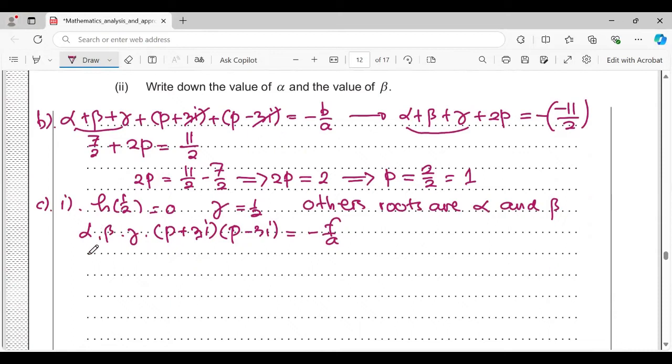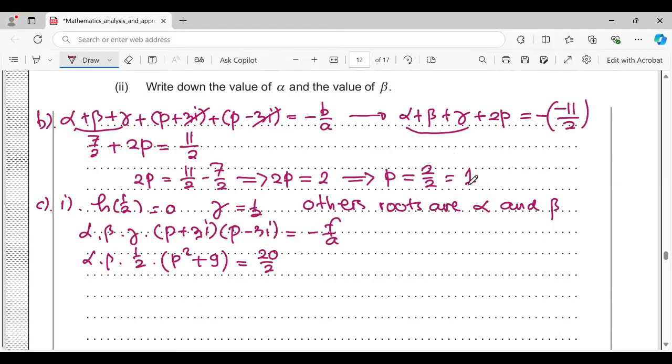So it's going to be alpha times beta times half, because gamma is half, times p squared minus 9, oh, plus 9 because i squared equals minus 1. So it equals 20 over 2.